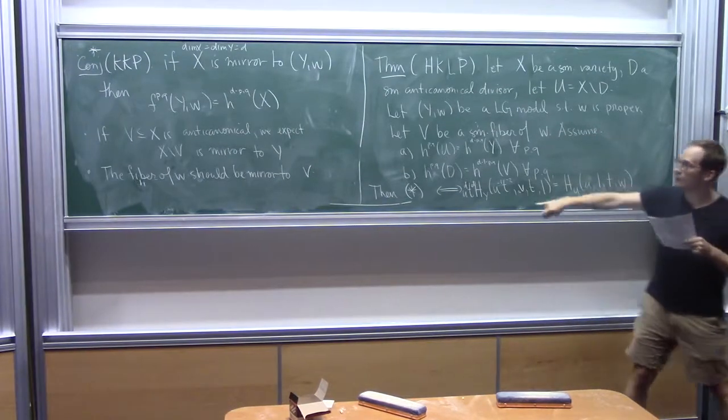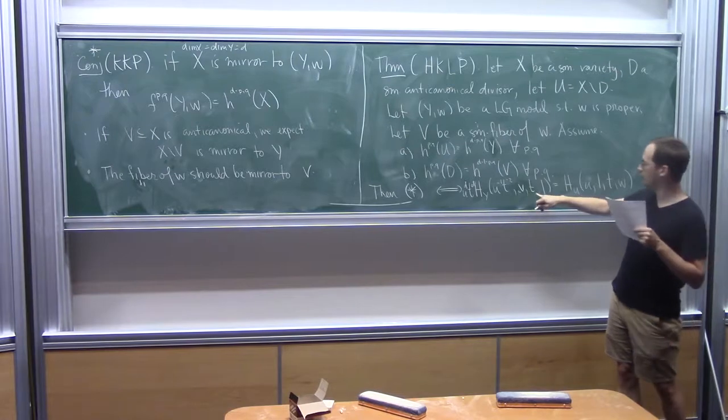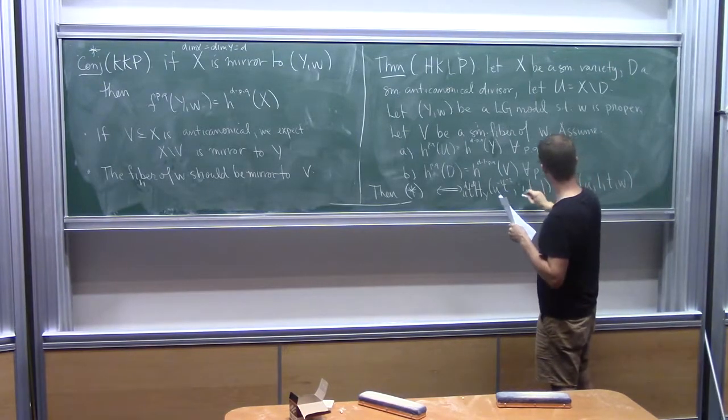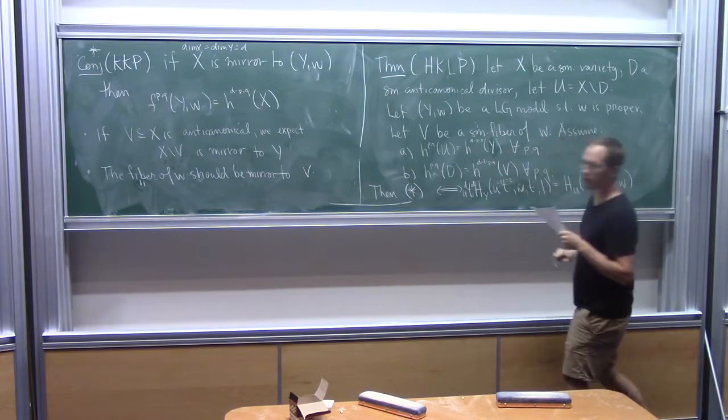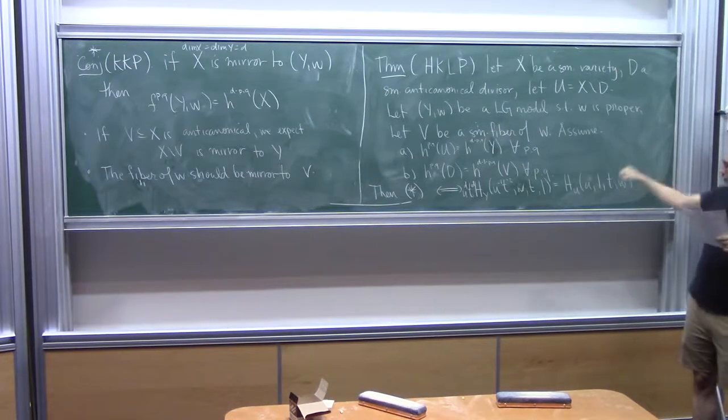So this is exactly the conjecture over there, where I'm just setting V equal to 1. Yeah, V equals 1. So this is equivalent to V equals 1.